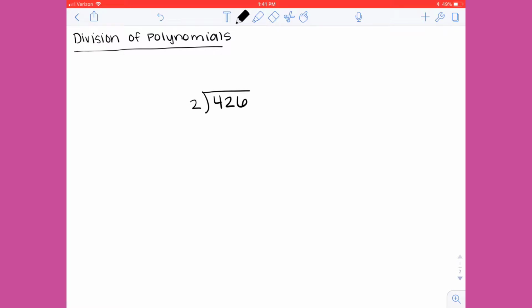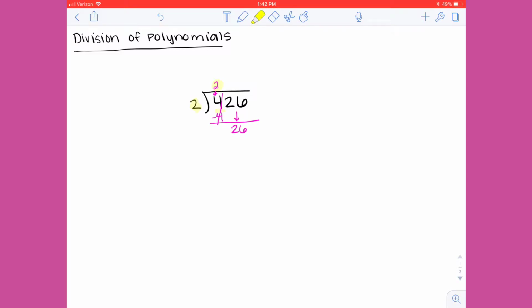And what we do is we say, okay, what number times this 2 will give me this value of 4? Well, 2 times 2 would give me 4. You notice that I've placed the 2 over the 4 because that's the only value I was considering. That gives me 4, and I subtract those values. 4 minus 4 is 0.